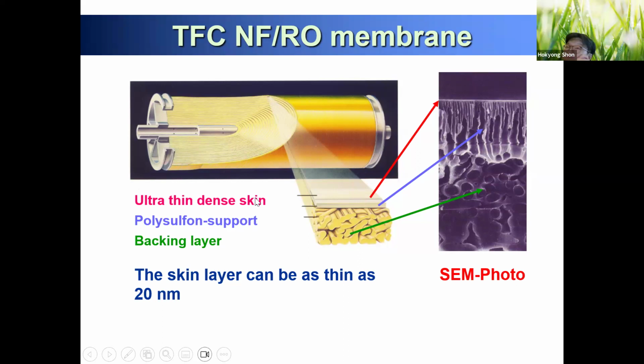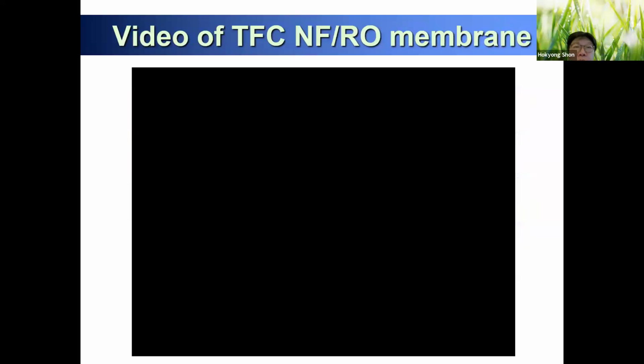That's the big breakthrough of our polymer chemistry, to design for salt and water molecules. So let's see a video of this membrane, and how it creates this kind of pore size.